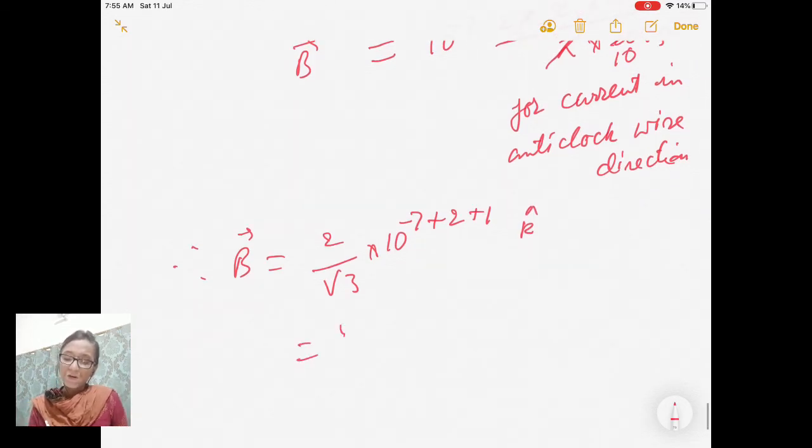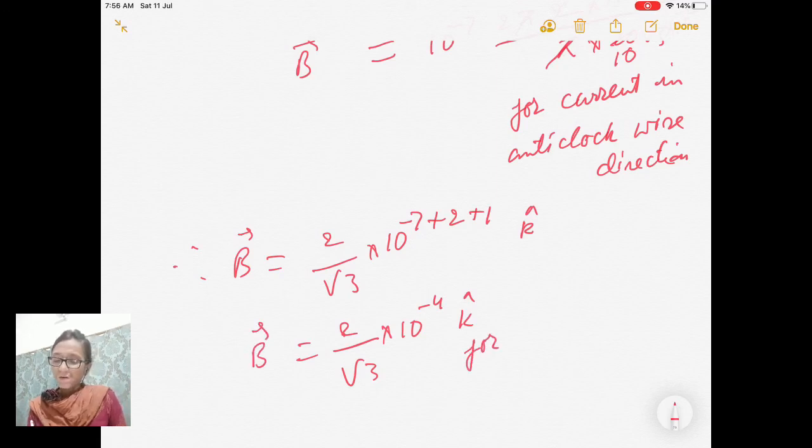So this is equal to 2 upon root 3 into 10 power minus 4 k cap for current in anti-clockwise direction.